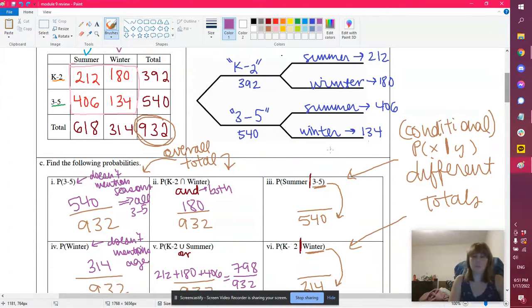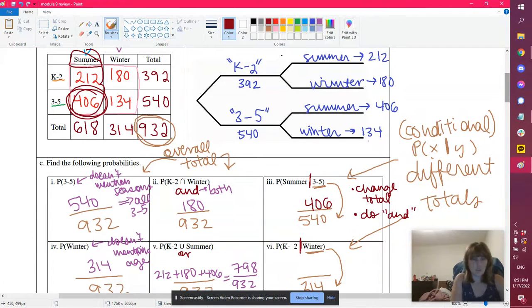Now, we're going to go do the conditional ones, which is saying once you change the total, so change total for conditional, and then we'll just do the same thing we did for and, right? We want summer and 3 through 5. So it's under summer and it's under 3 through 5.